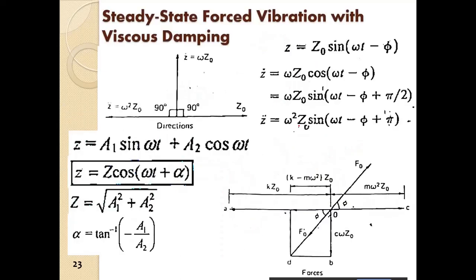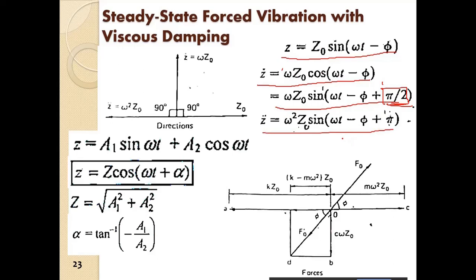So we have the equations here. So we have the displacement, so if we differentiate we have the velocity, so in case of sine we have this phase difference pi by 2, and we have the acceleration. Okay, we have the acceleration.